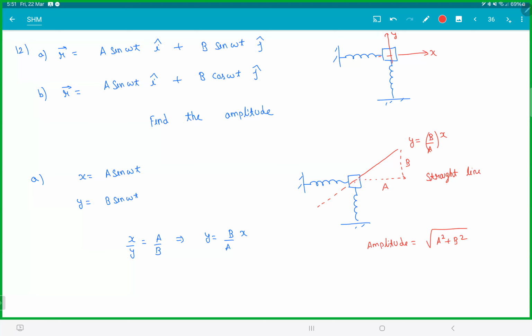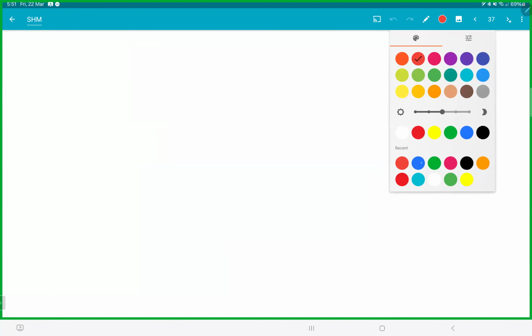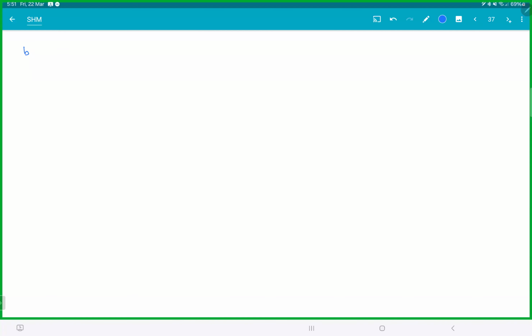Look at the second one. We get x is equal to a sine omega t, meaning in the x direction, you're starting from the mean position. Y is equal to b cos omega t. So if you see, this is x square by a square plus y square by b square is equal to 1. This thing is actually going in an ellipse.